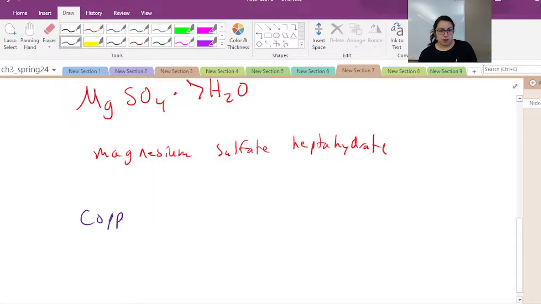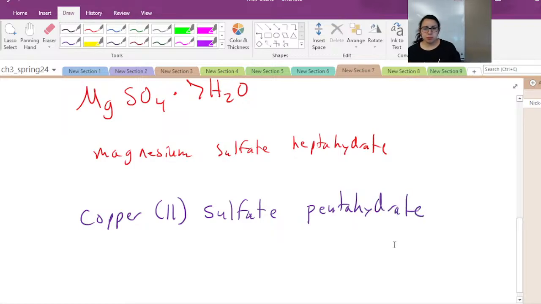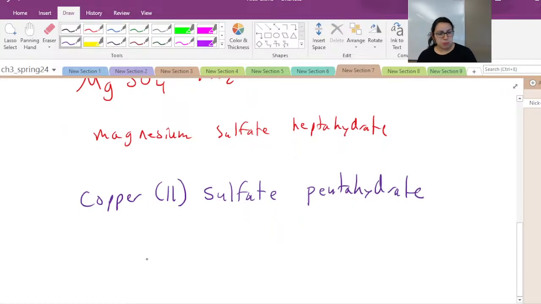So copper 2, we'll do sulfate again, pentahydrate. I guess I'll put up the tin one, even though I had wanted to go the other way. Just so you can see more examples of these.